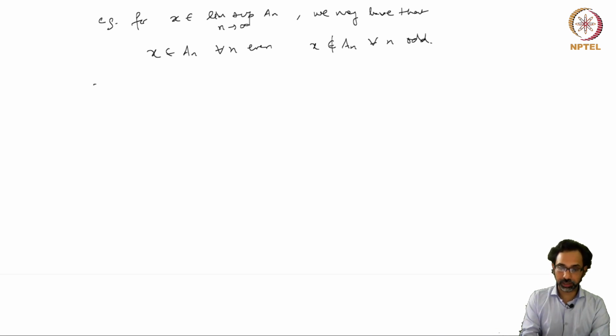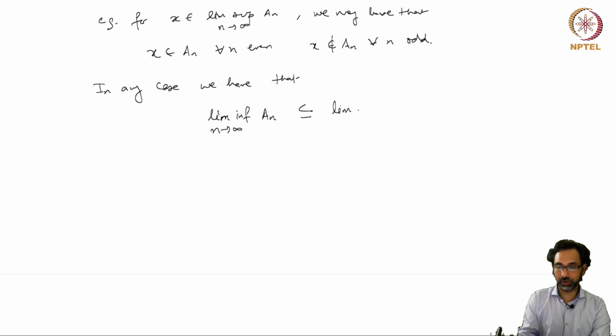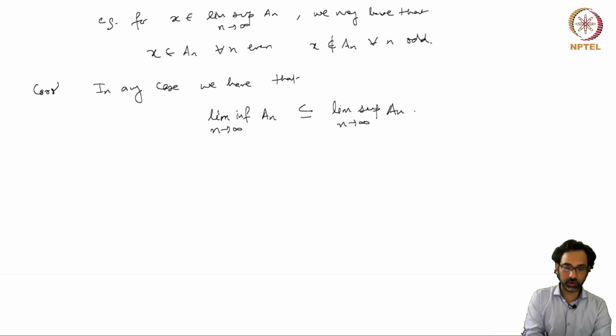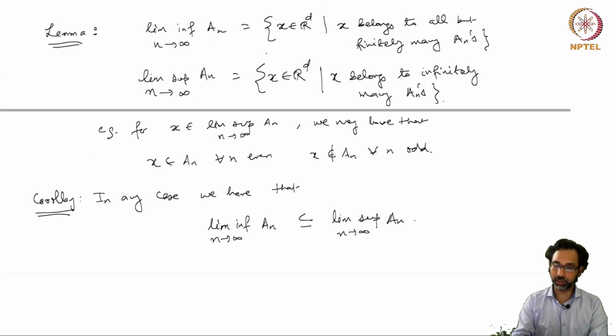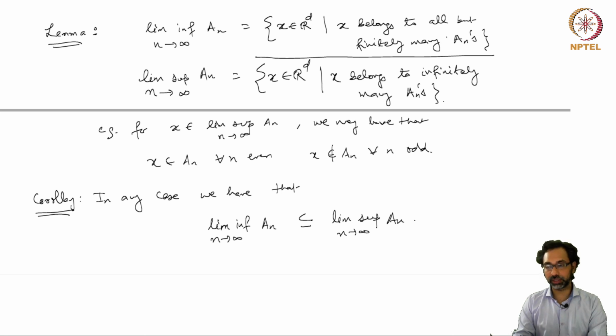But in any case, we have that lim inf of A_n is a subset of lim sup of A_n. So this is a corollary of the lemma, because if we take this definition, the left hand side is the set of all x which belong to all but finitely many, and the right hand side is the set of x which belong to infinitely many.